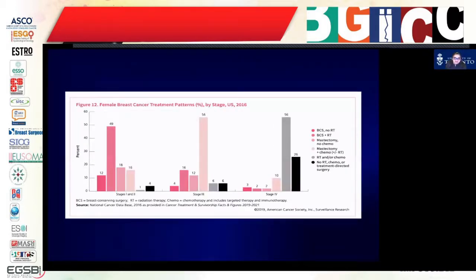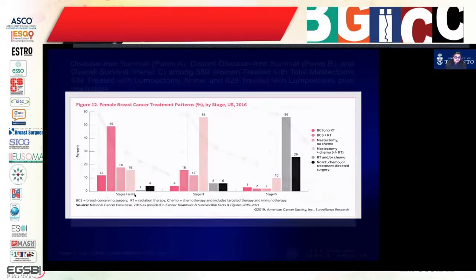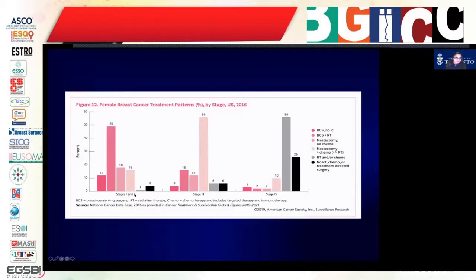And if you look at the more recent data from the American Cancer Society, we can now see that the majority of stage 1 and stage 2 breast cancer diagnosed women will choose or will benefit from breast conservation surgery with radiation. So this graph shows us that this is certainly an established way of managing stage 1 and stage 2 cancers.